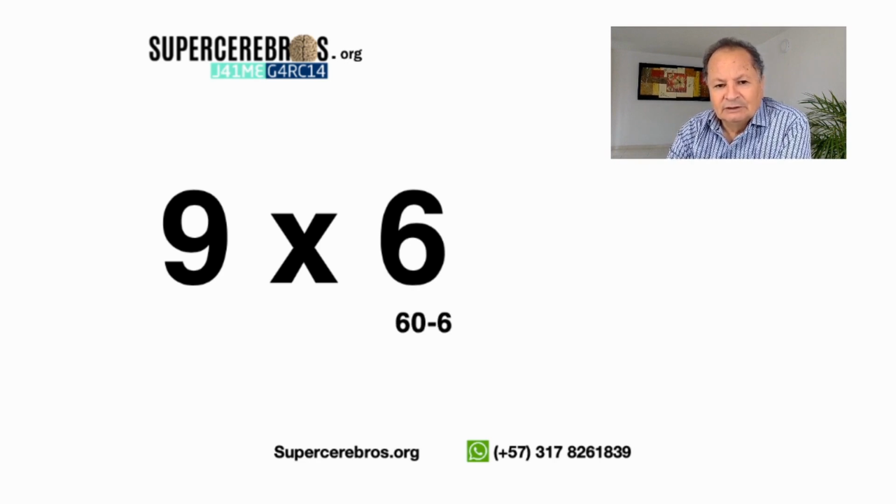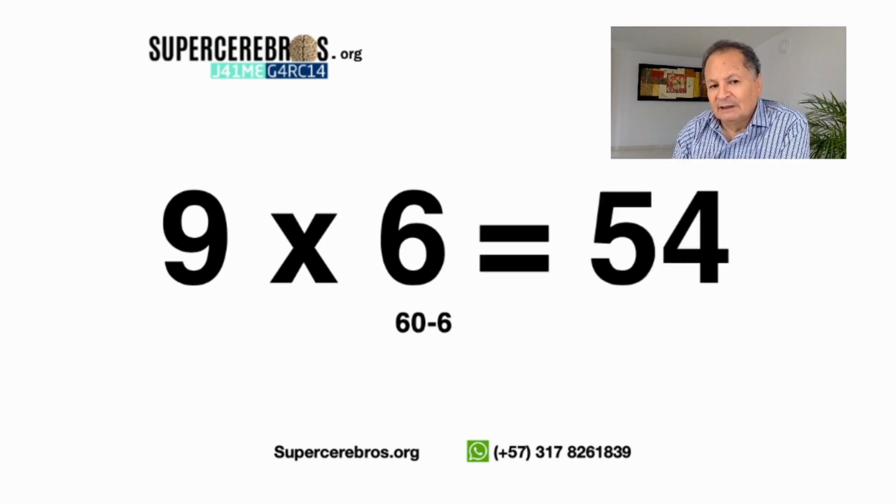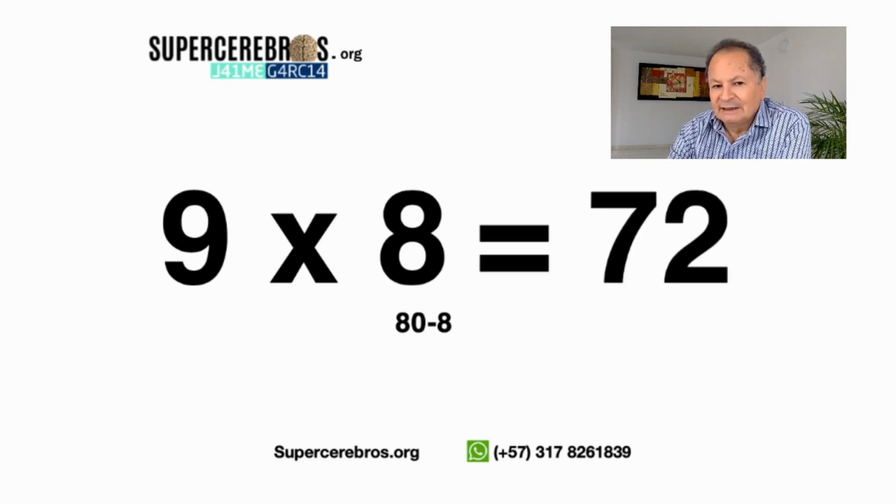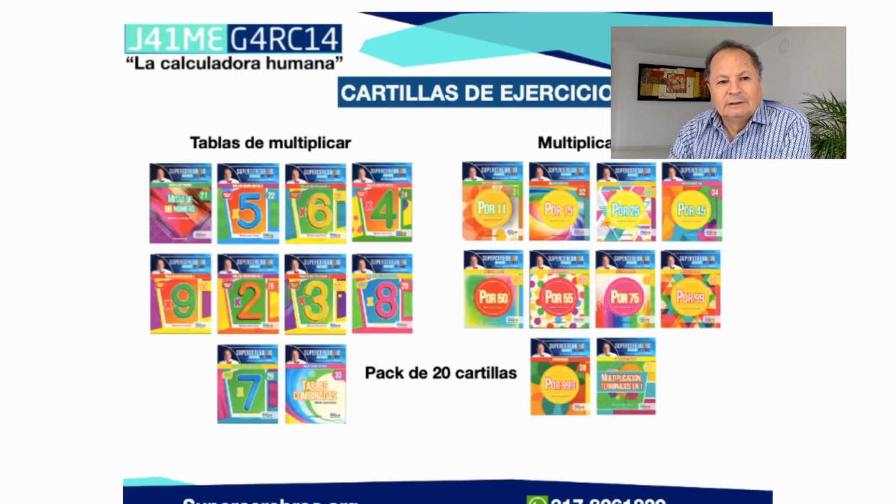And 60 minus 6, which is a simple subtraction, means that 9 times 6 equals exactly 54. Where does the 72 come from? You put a 0 next to the 8 and quickly say 80 minus 8. 80 minus 8 is 72, which means if you take 8 away from 80, you are left with 72.